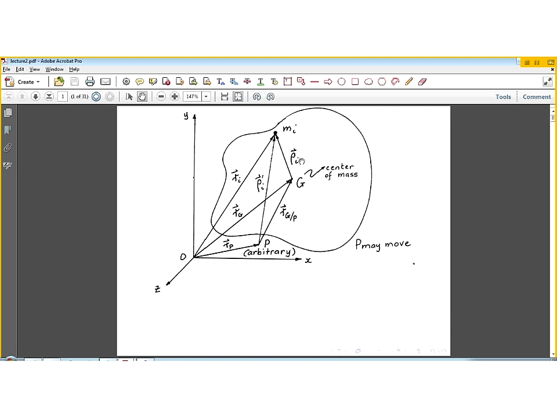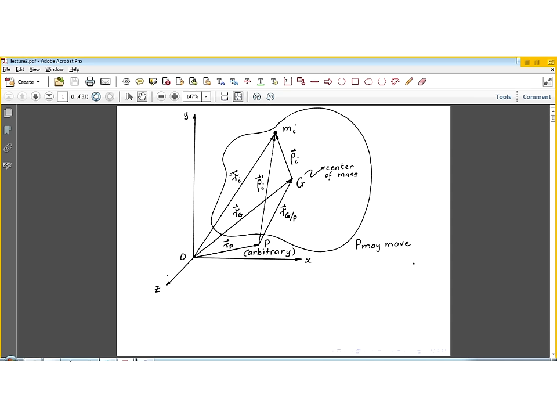And of course, it should be clear that I can define this position vector r sub I and rho sub I for all the particles in this system, and for each specific particle, the index in the subscript will simply change to indicate that specific particle.